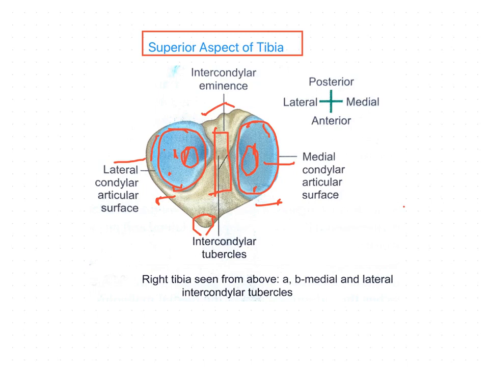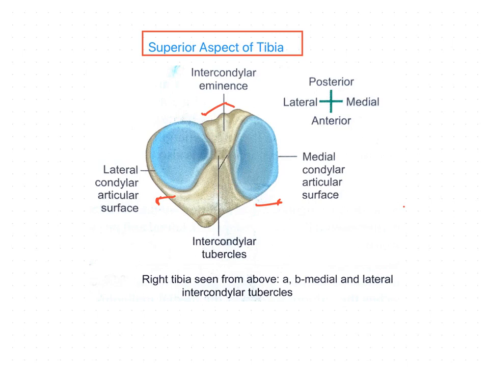Okay, now we'll move on to the intercondylar eminence. So this is another part which we can see on the intercondylar area. The articular surfaces are separated by the intercondylar area, which is non-articular.